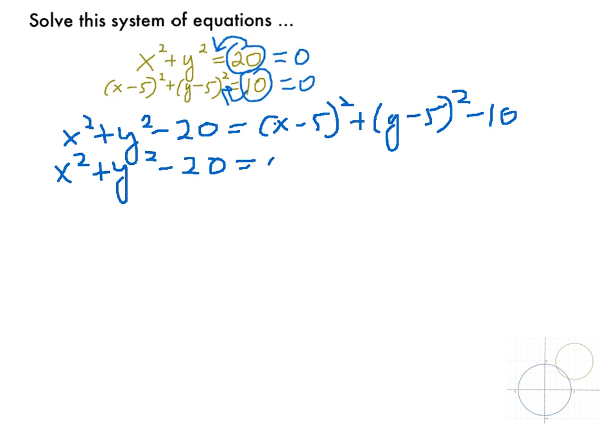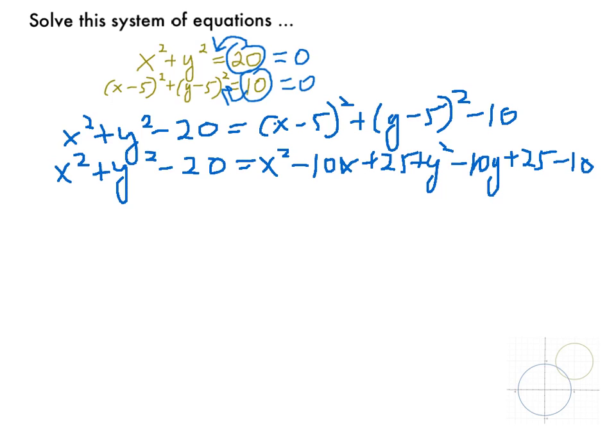Okay, this FOIL here gives us x squared minus 10x, plus 25. You're going to get the same thing on the y's. You'll get a y squared, a minus 10y, and a plus 25. And don't forget about your negative 10.